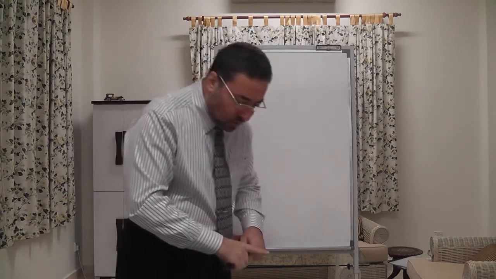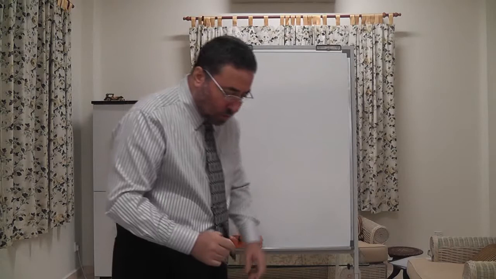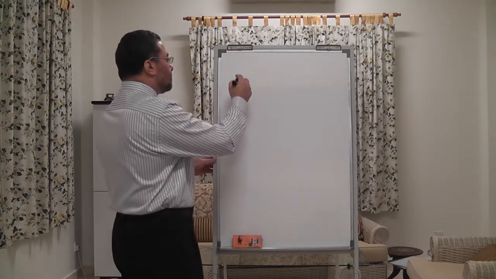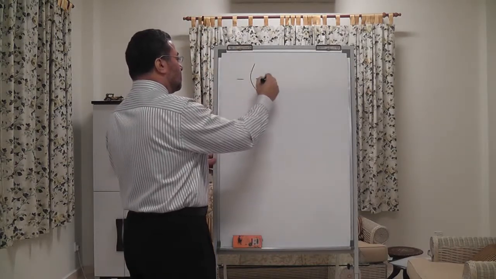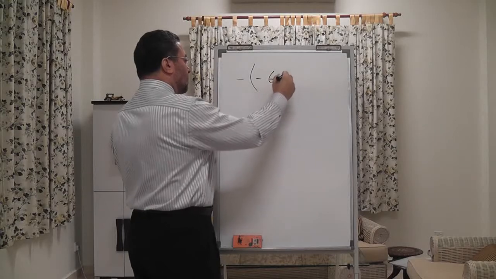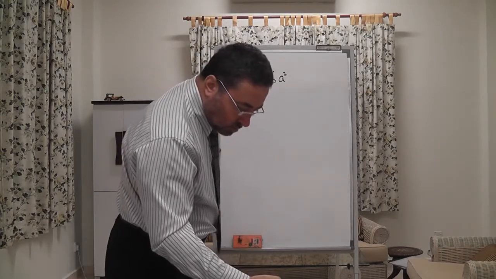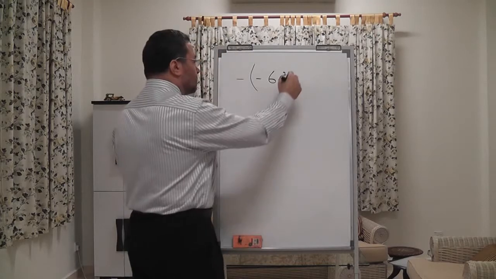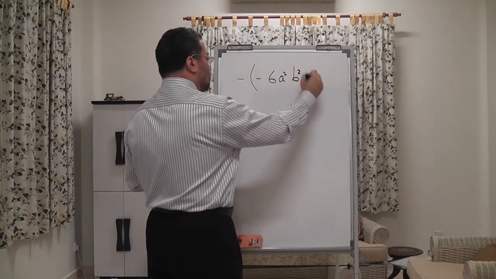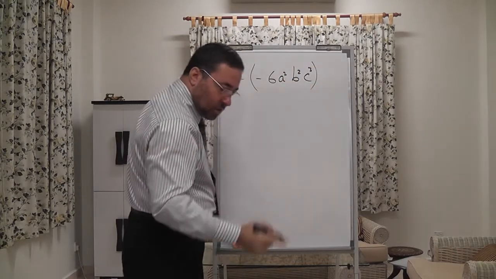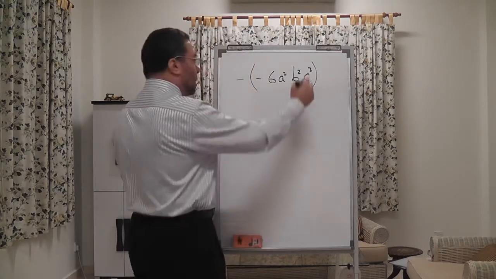Next is number 24. Minus, into minus 6a squared b squared c cubed, all raised to the second power.